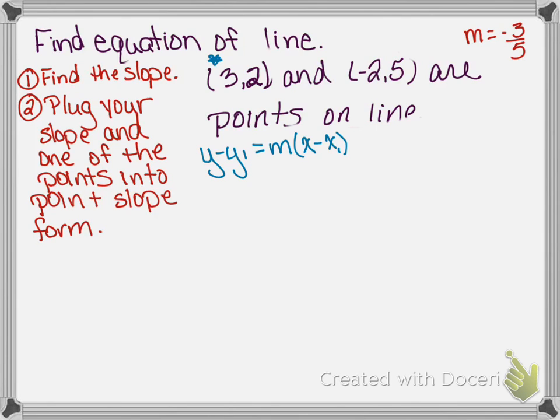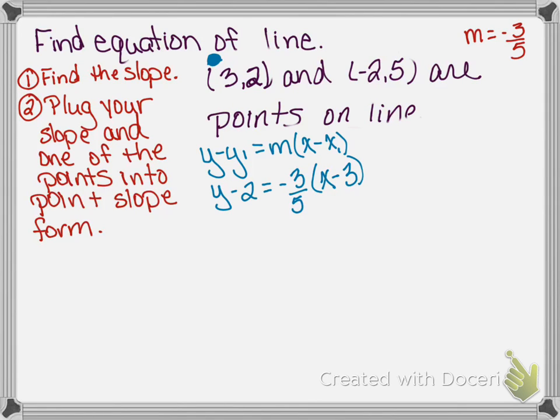So now I am going to plug everything in. So I have y minus 2. That's because I'm using this point right here. Okay, that's why I have y minus 2. Then I have my slope, which is negative 3/5, x minus 3.